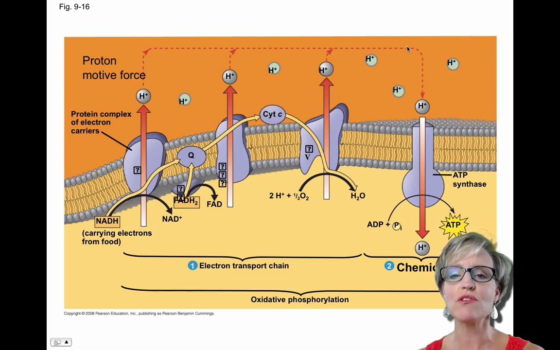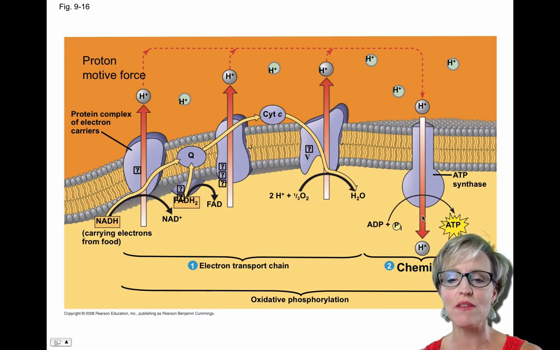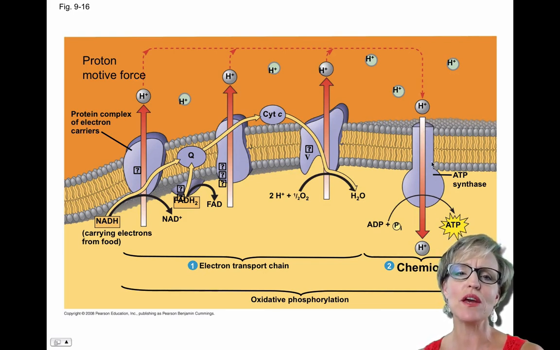So these hydrogens will diffuse through ATP synthase. ATP synthase is somewhat like a rotor. It's going to go around and around, and in going around, it is going to phosphorylate ADP with an inorganic phosphorus, making ATP.